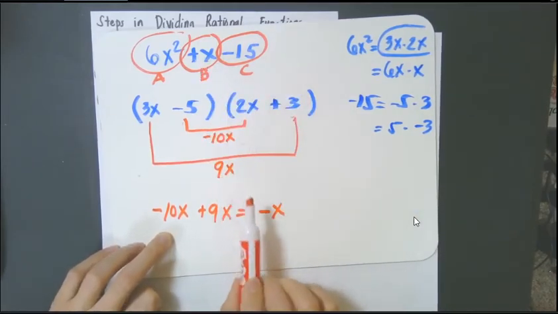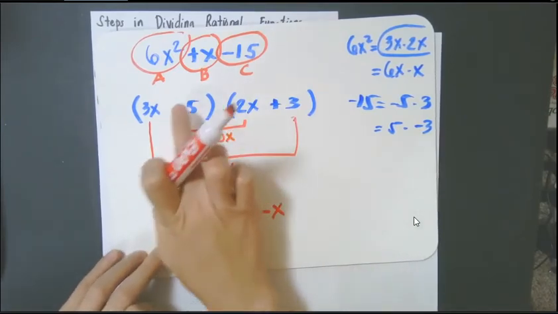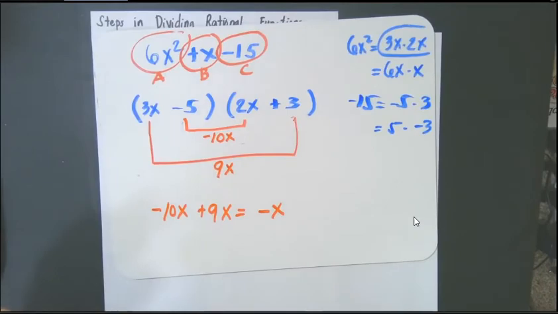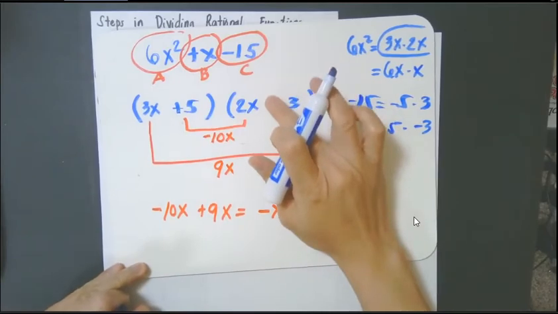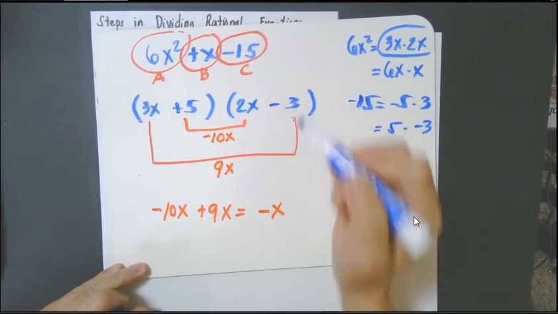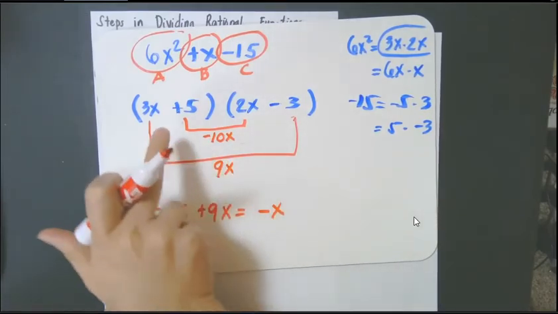because our part B is positive x. So the only difference here is the sign. In that case, all we need to do is change the signs. So we change the negative 5 to positive 5, and your positive 3 to negative 3. Now let's check it again.